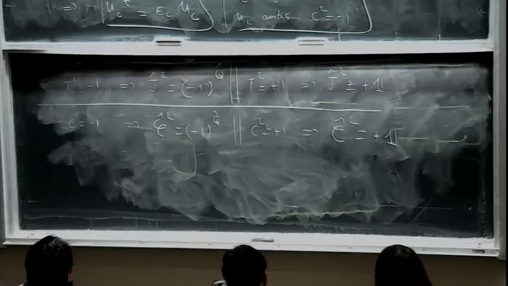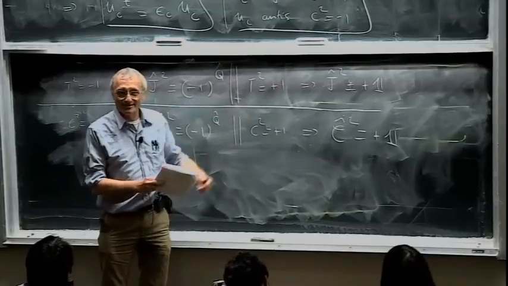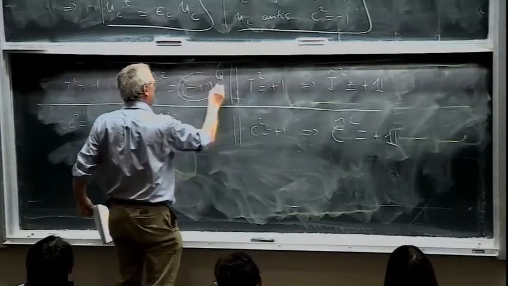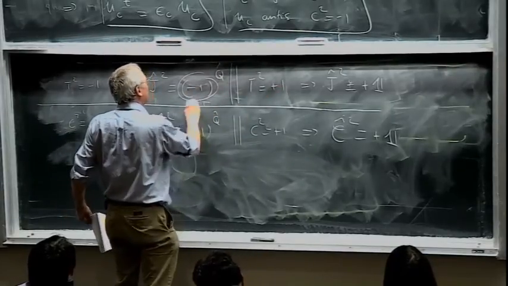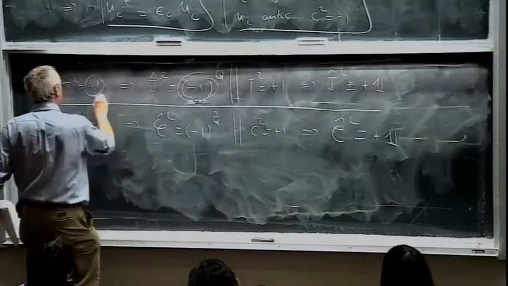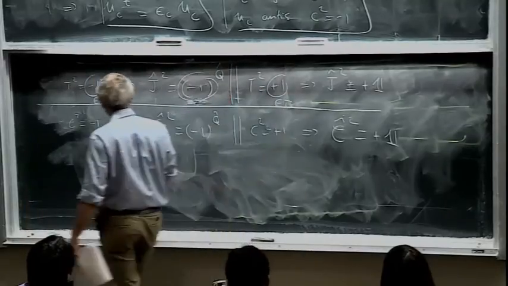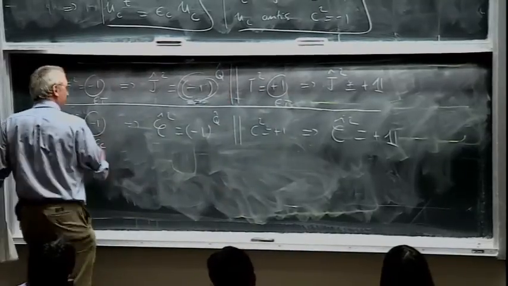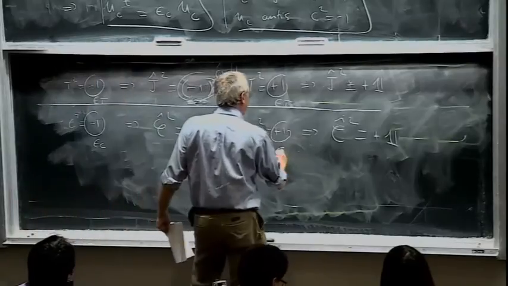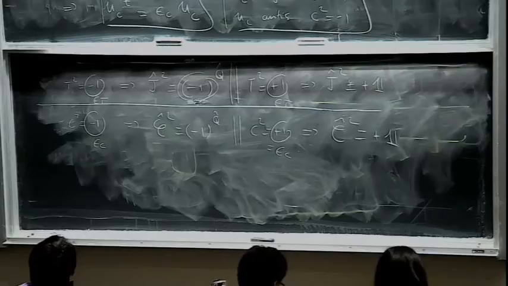And this sign plus or minus is this epsilon. So this is epsilon T, and this is epsilon C, right? So that's a statement.